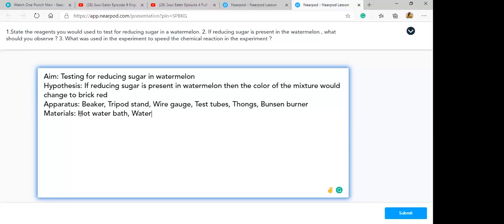Maybe a small piece of watermelon. Of course they couldn't put all of the watermelon in the test tube. It must be a small piece, because you couldn't hold the entire watermelon in the test tube.